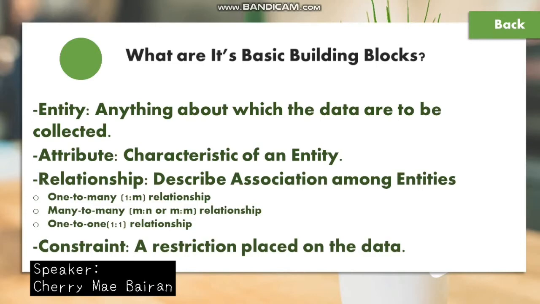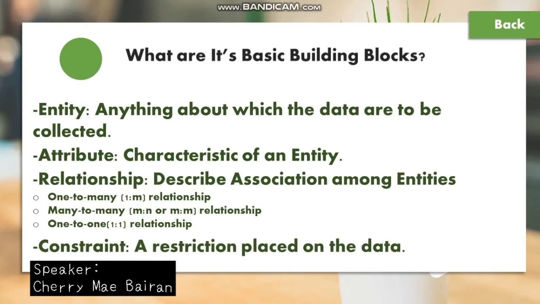One-to-many. For example, a painter creates many different paintings, but each of them is painted by only one painter. So that is a one-to-many relationship. Many-to-many relationship naman po is: a student can take many classes and each class can be taken by many students.